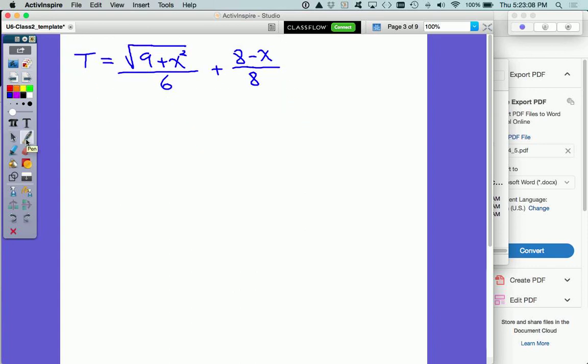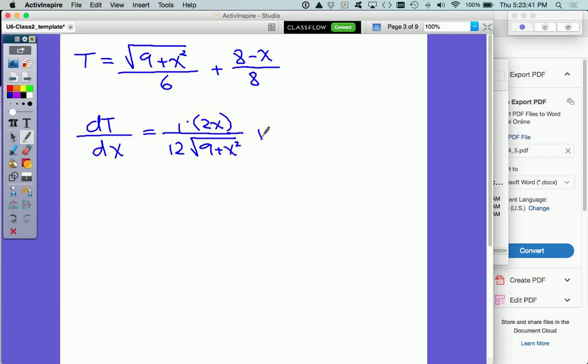So I want the derivative of t with respect to x. So working this out, well, this is a 1 over 2 root box kind of thing. So 1 over 2 is going to make that 6 a 1/12. So I'm going to have 1 over 12 times the square root of 9 plus x squared. There's my 1 over 2 root box. And then I'm going to need a d box, and that's going to be a 2x coming out of there.